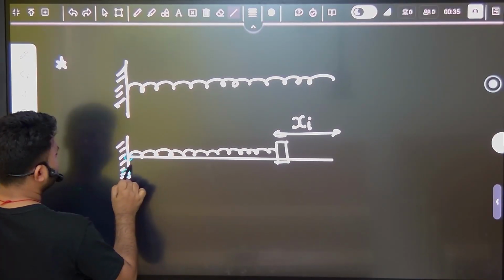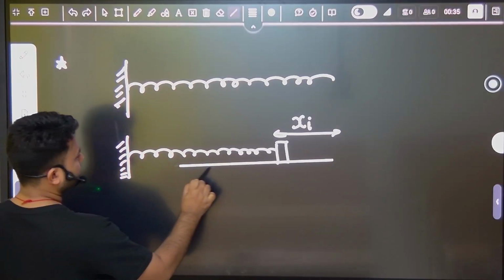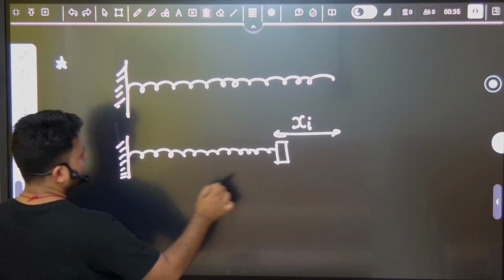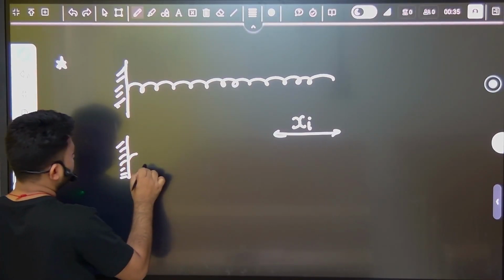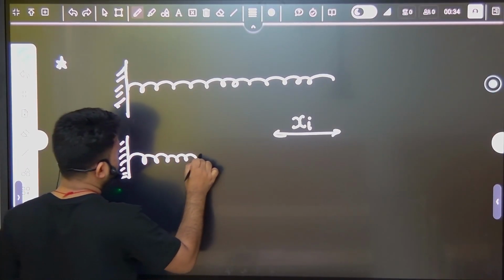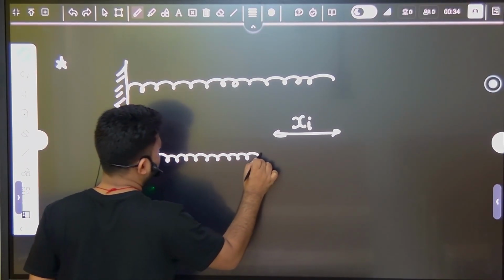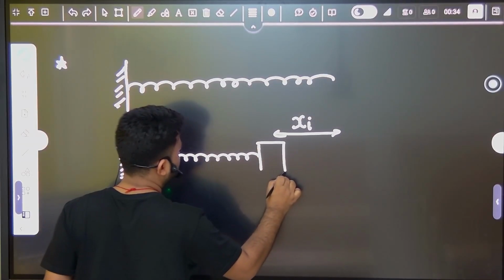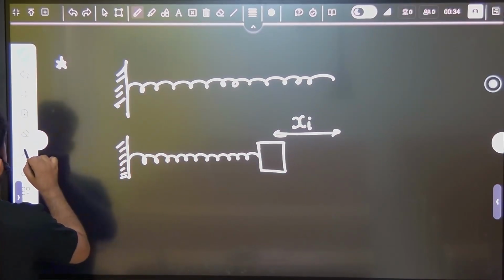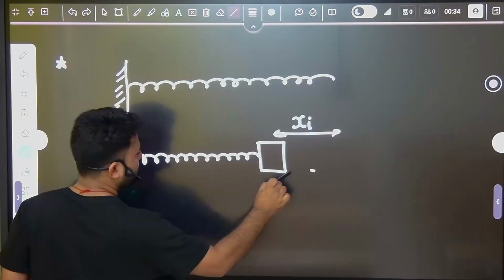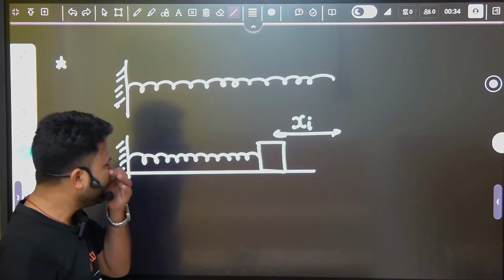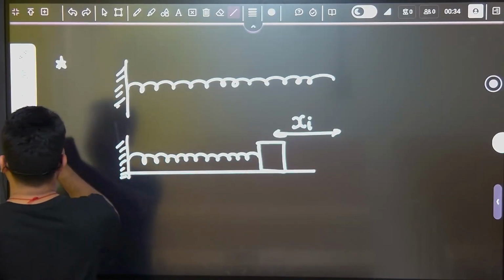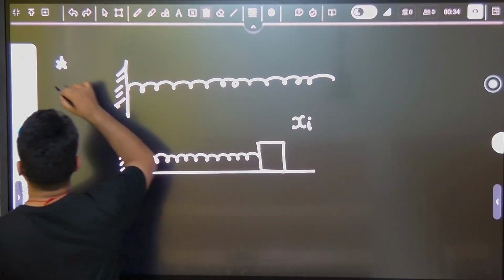And draw like this a little bit. Okay. So this is the x initial compression.